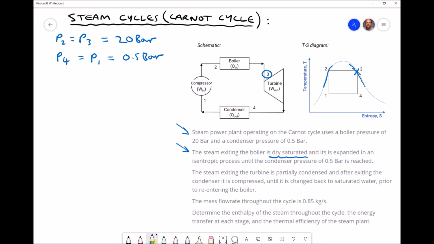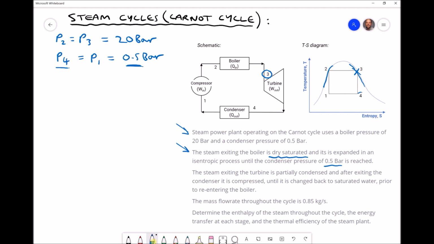We're told that the steam exiting the boiler is dry saturated and then it's expanded in an isentropic process until the condenser pressure of 0.5 bar is reached. This supports what we said before, because we know our condenser operates at 0.5 bar. We've said that P4 equals 0.5 bar.